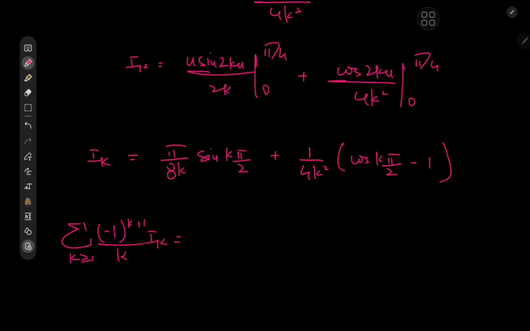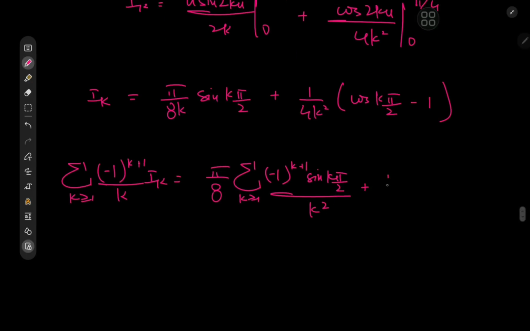Distributing the multiplication and summation over all terms, what we get is pi by 8 times the sum over k of negative 1 to the k plus 1 times sine of k pi by 2 divided by k squared, plus a quarter of the sum over k of negative 1 to the k plus 1 times cosine k pi by 2 divided by k cubed.